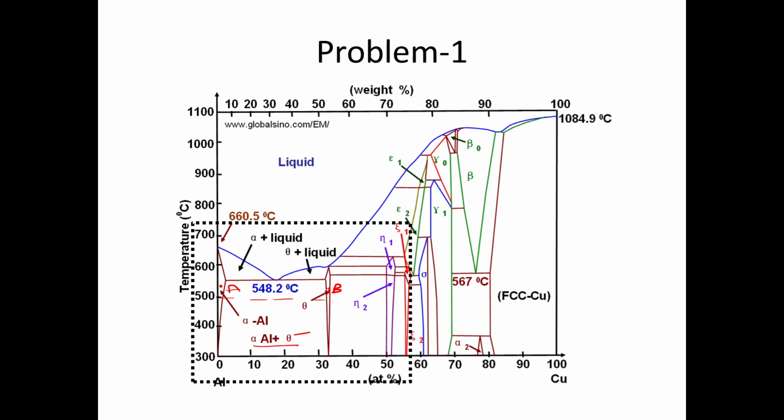So please let me know, if it is heated to a temperature of 550 degrees Celsius, what type of diffusion zone is formed?